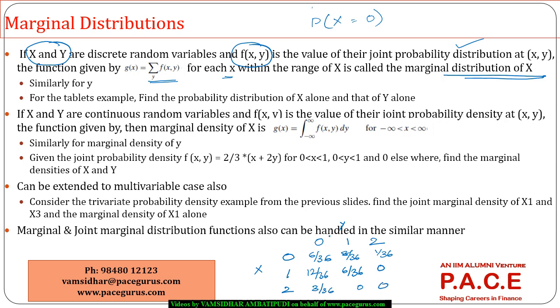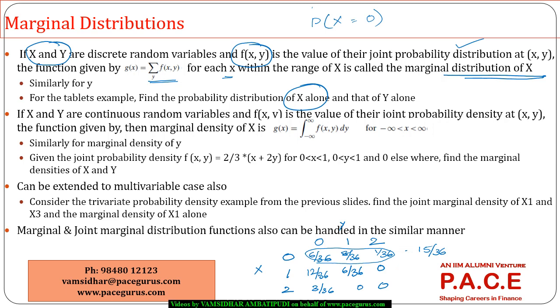Now if I want to find out the marginal probability distribution, meaning the probability distribution of x alone, I will sum across all the y's for each x. So for x equal to 0, the marginal distribution is 6 plus 8, 14 plus 1, 15 by 36.